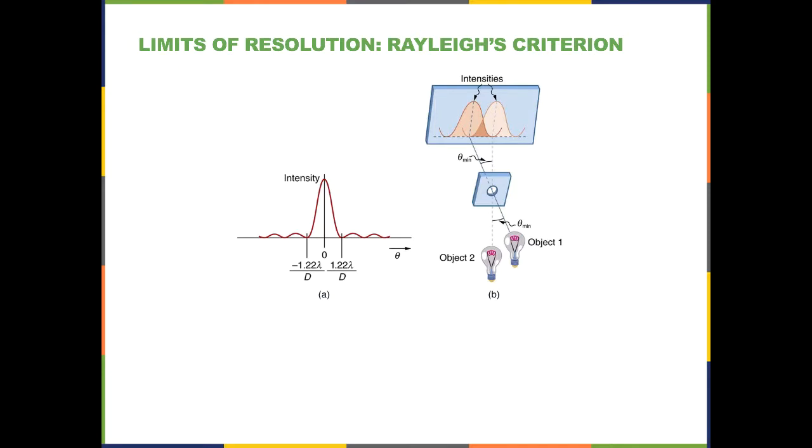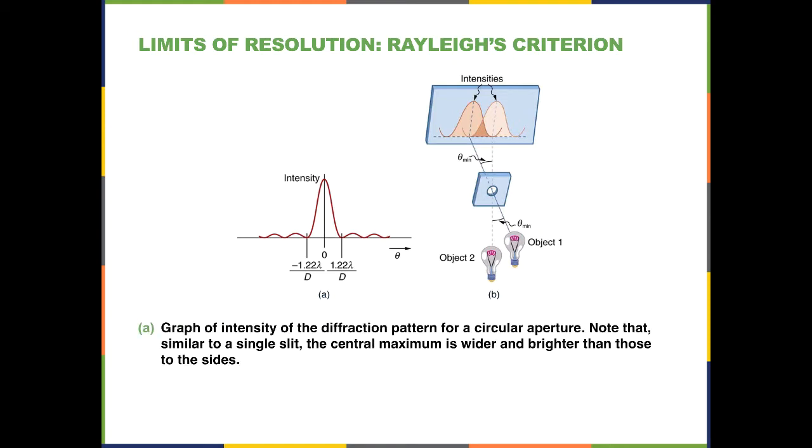So if we look at this, this is passing through a single hole. The graph of intensity of the diffraction pattern for a circular aperture is shown. Note that it's similar to a single slit. The central maximum is wider and brighter than those on the side.